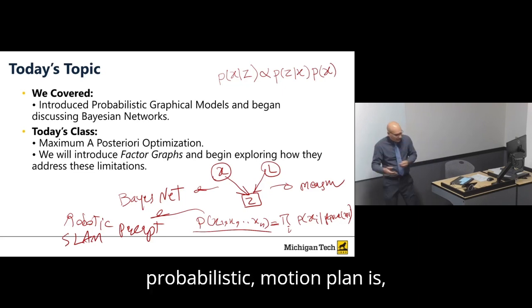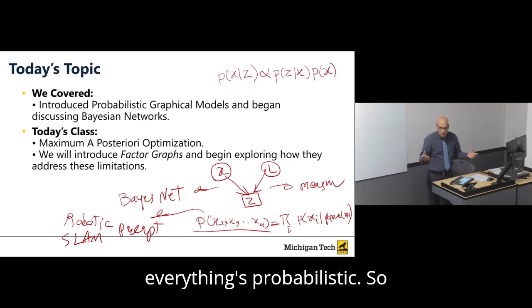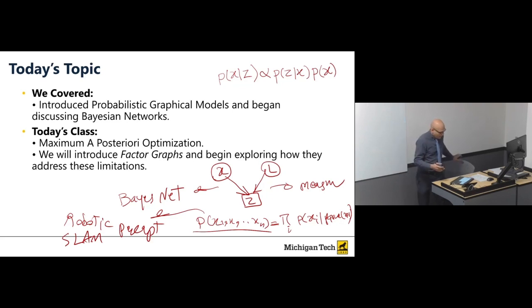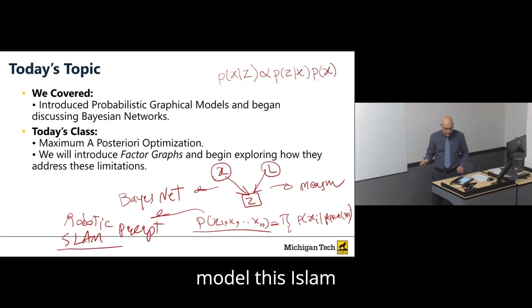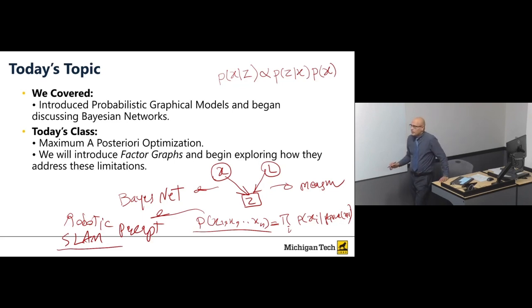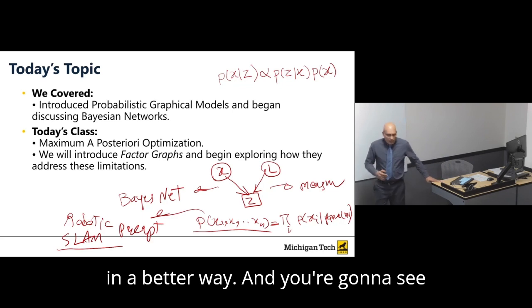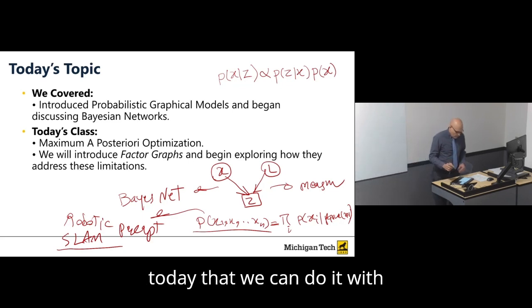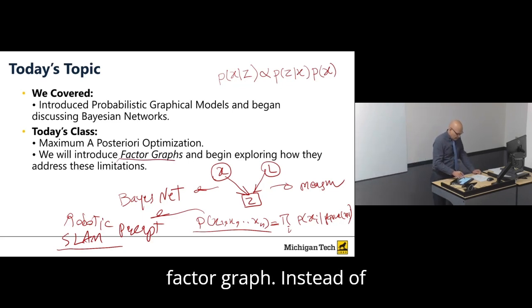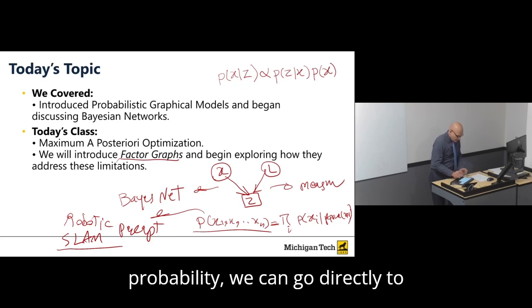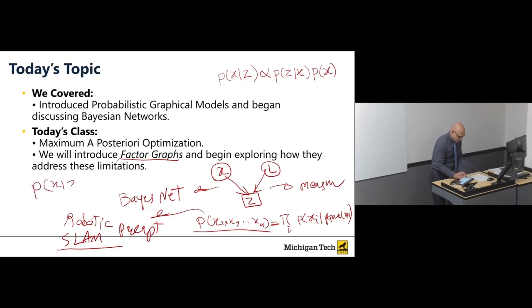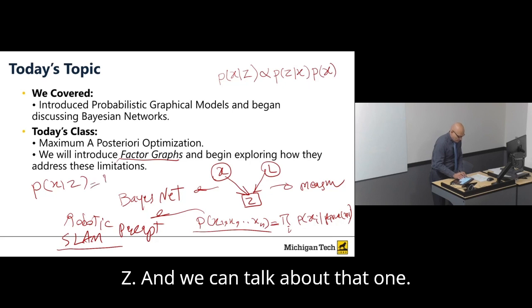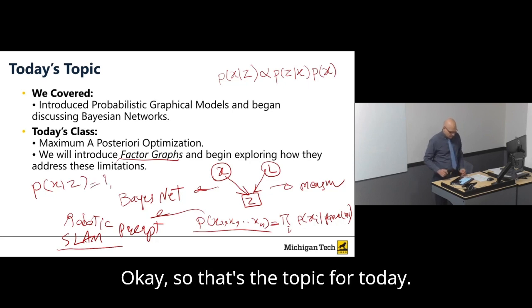Environment is probabilistic. Motion plan is, everything's probabilistic. So we need to find a way to model this SLAM in a better way. And we're going to see today that we can do it with a factor graph. Instead of using this joint probability, we can go directly to the posterior probability, P of x given z, and we can talk about that one. Okay, so that's the topic for today.